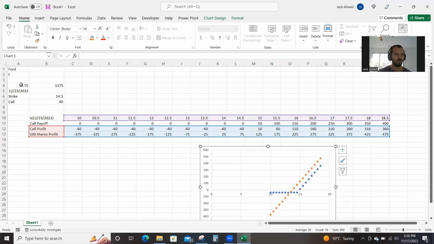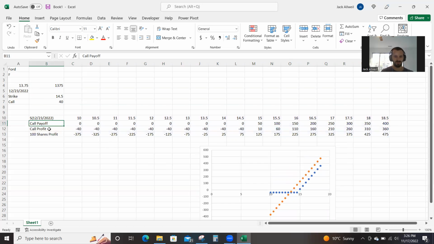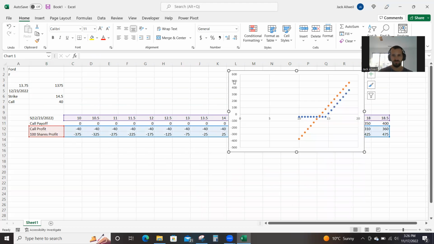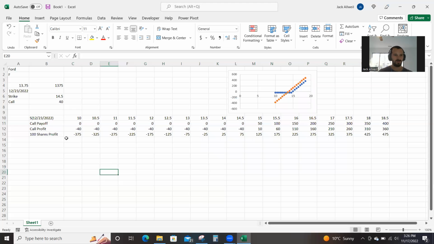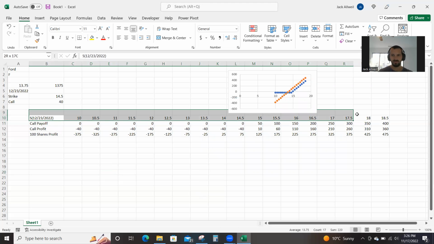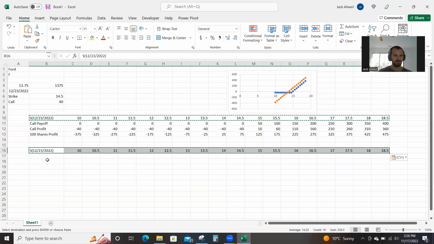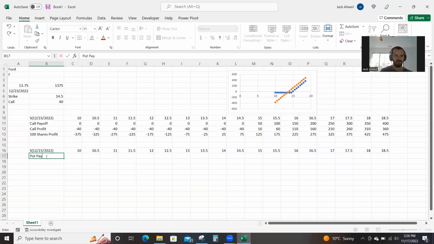So let's look at Ford now. You know what? We'll keep this up here. Let's do a put payoff. So let's say the put we're going to look at also expires then.